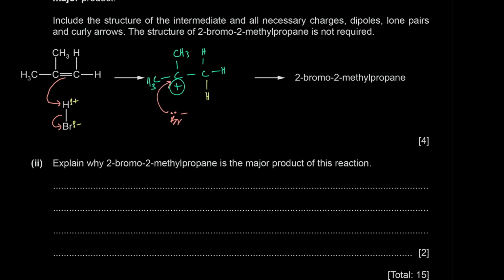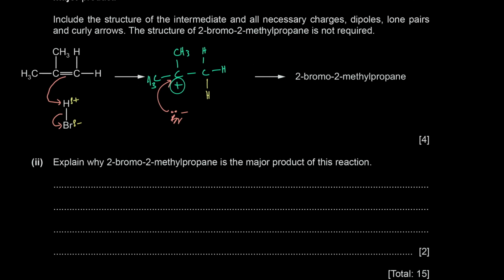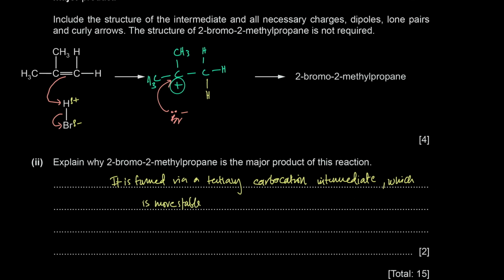So why is 2-bromo-2-methylpropane the major product? It is because it is formed via a tertiary carbocation intermediate, which is more stable than the primary carbocation intermediate due to the positive inductive effect of the alkyl groups.